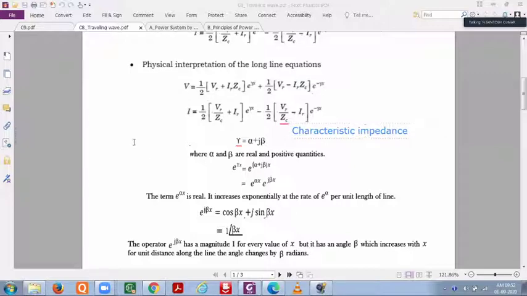Very good, that's right, that is your propagation constant. So now we'll deal with these two terms. What do you mean by this propagation constant? What is your characteristic impedance? Now I'll share another slide showing that.